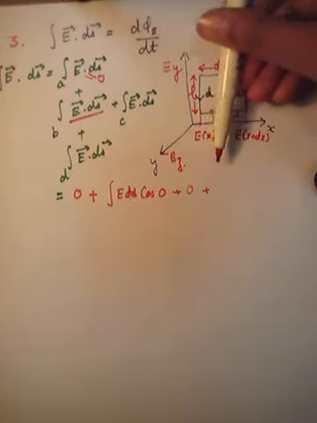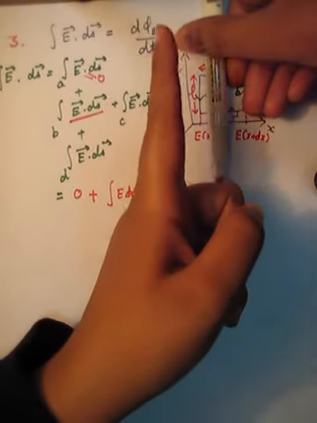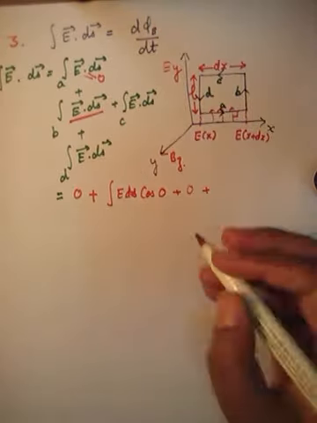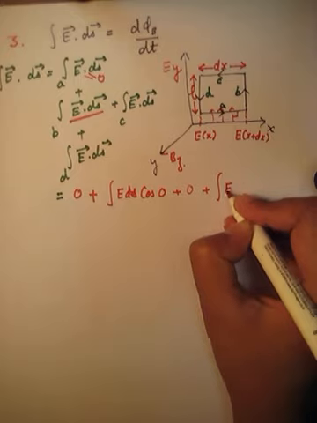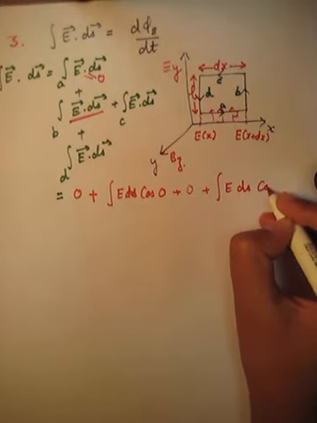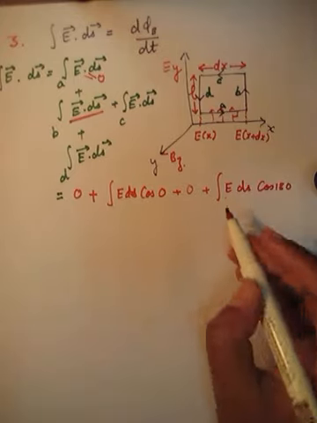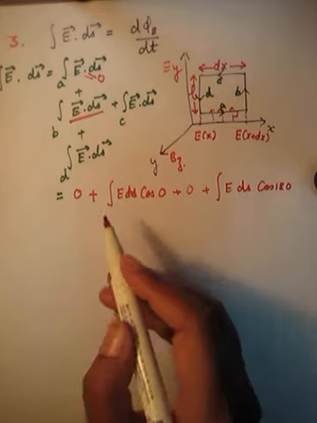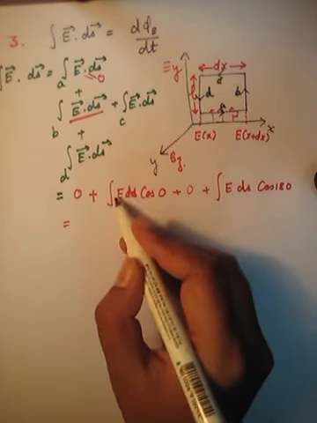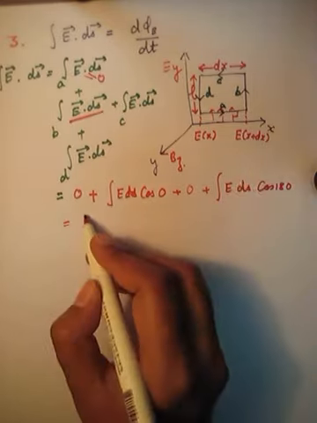The length is downwards, the electric field is upwards, cosine of 180 degrees, so it will be electric field ds cosine of 180 degrees. But now I have missed something, and that is that the electric field is changing at both of these points.